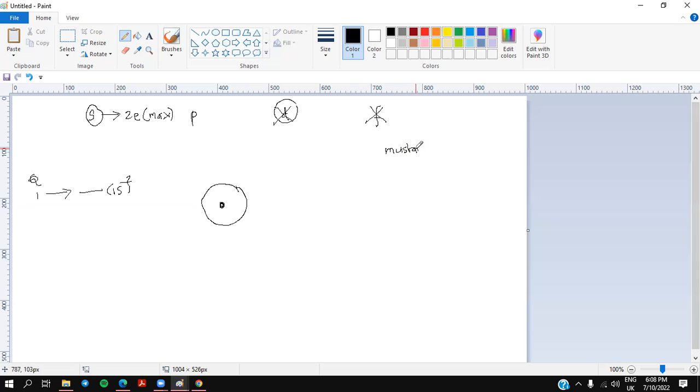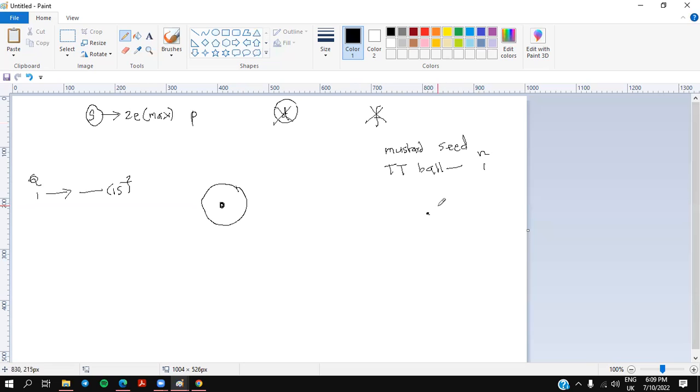You keep the mustard seed here and take a table tennis ball. Consider this table tennis ball is quantum number 1.